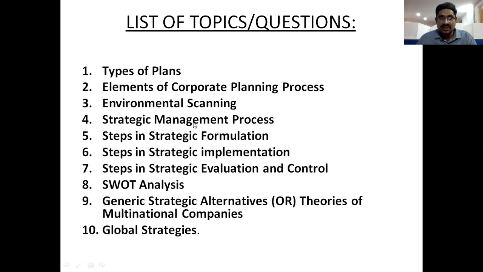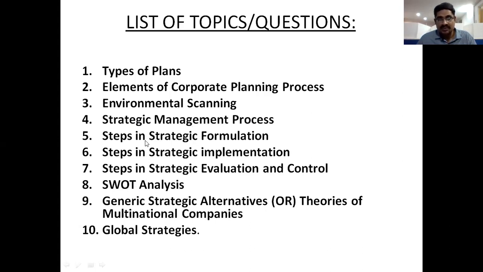In this strategic management process, the first step is environmental scanning, and its sub-part is SWOT analysis. So the first step in the strategic management process is environmental scanning and SWOT analysis. Based upon these two reports, we can formulate the strategies.